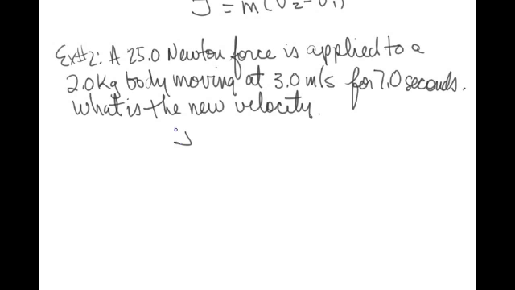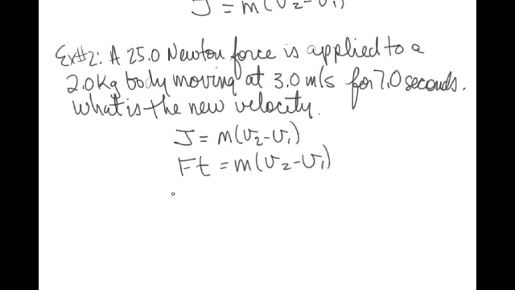Okay, we're going to use the fact that impulse is equal to the mass times (V2 minus V1). Impulse is force times time. Force we are given as 25 newtons, the time as 7 seconds. The mass is 2.0 kilograms.